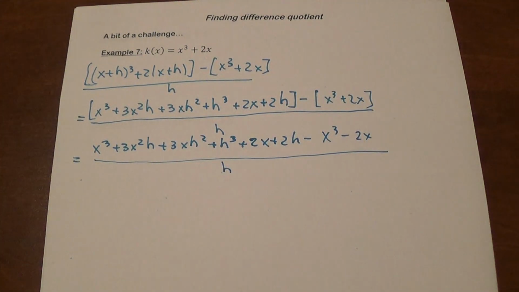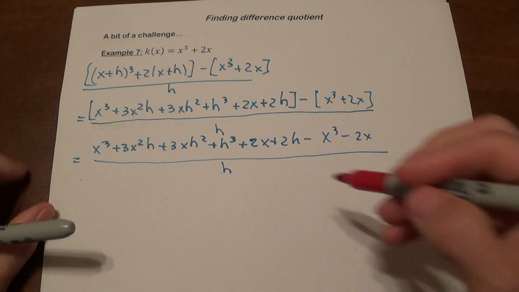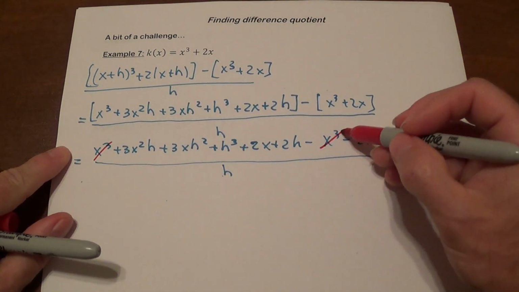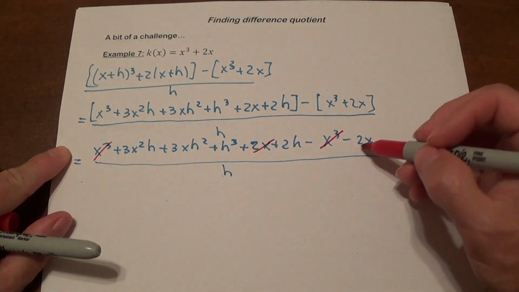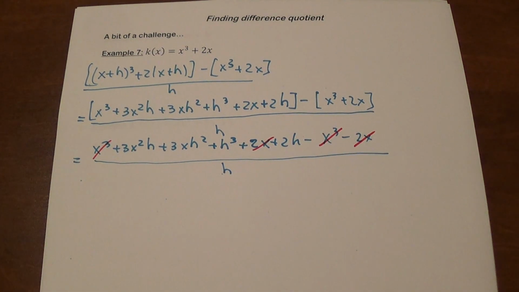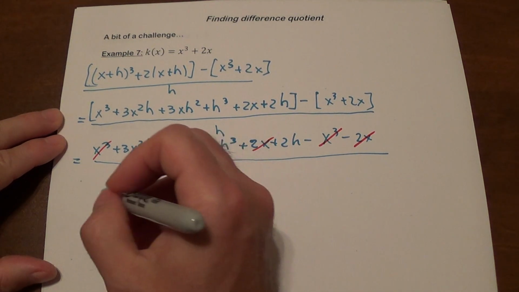And now it's going to get much nicer because we are going to be able to get rid of a bunch of terms, x cubed and x cubed. Got 2x and 2x. Well, I wouldn't say a bunch, only these four, but all the remaining terms, please note, contain h. So we can factor out the h.